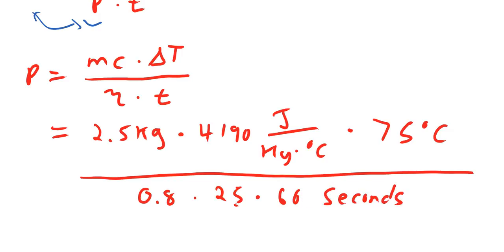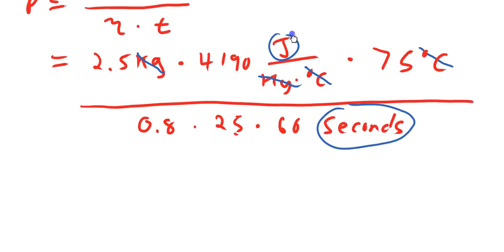Now, in this equation, the unit of kilograms will cancel with the unit of kilograms. The unit of degrees C will cancel with degrees C, and the unit we're left with will be joules per second, which is defined as a watt. And so power in watts is what we would like to see for electrical power.